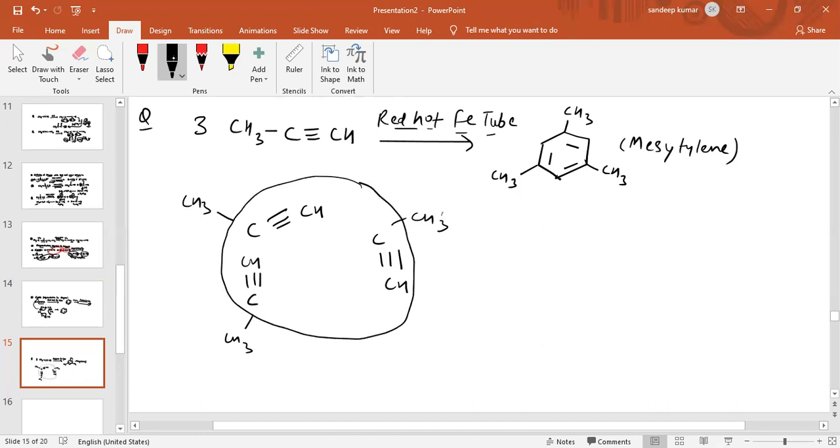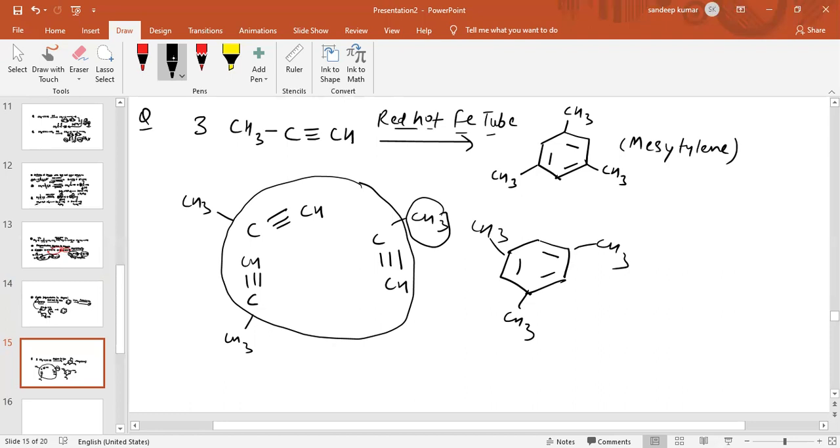So these 3 CH3 groups will be attached like this, so benzene will be formed like this, and the CH3 groups will be in these positions. Why in these positions? Because 1 2 3, 1 2 3 and 1 2 3. So here also 1 2 3. This is how mesitylene is formed by the cyclic polymerization reaction.